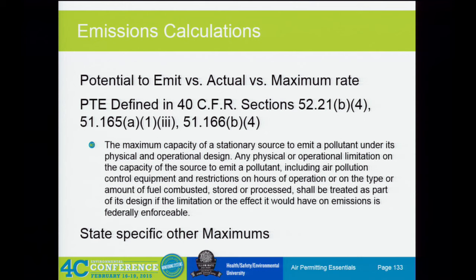Another operational limitation would be temperature. If you're loading something at ambient air temperature and there's nothing to heat it, that would be an operational limitation that is used to limit your emissions and limit your PTE.